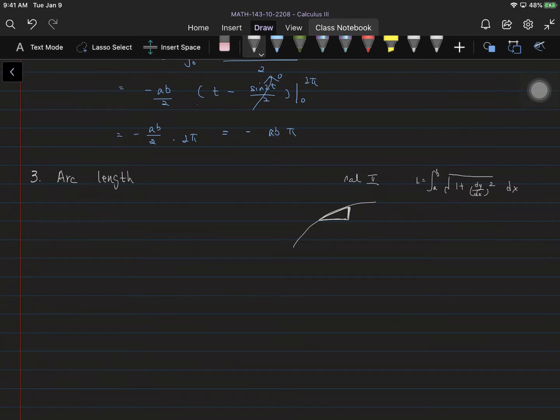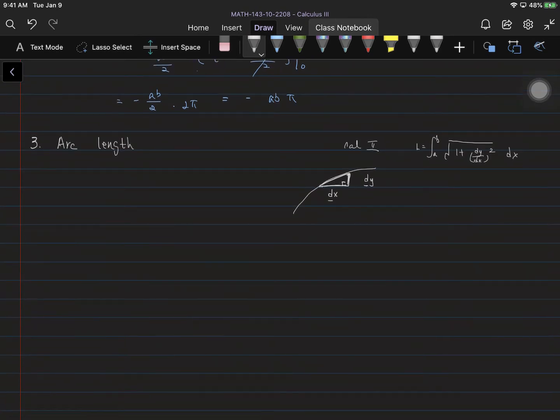So for a given curve, this is dy, this is dx, a small arc. Okay, so if we choose a small arc, we draw a rectangle, and here the small height is dy, the small length is dx. To show our arc length, we can say that is small s. Okay, s equals the root of dx squared plus dy squared, right?